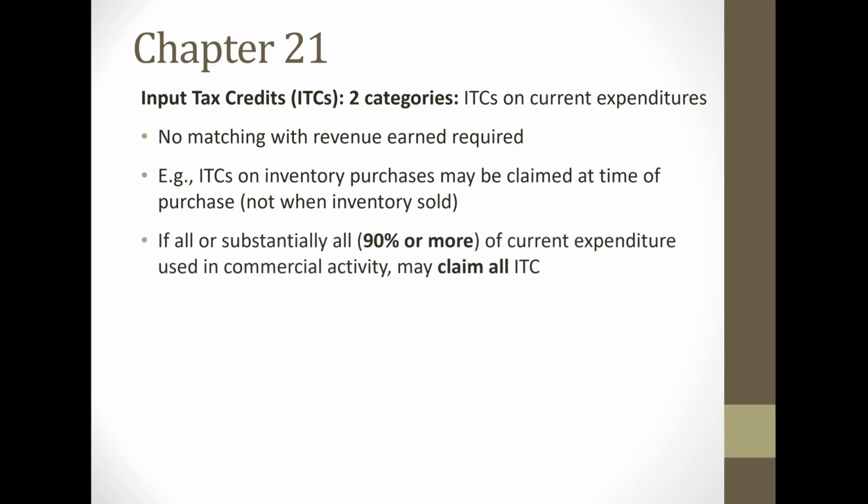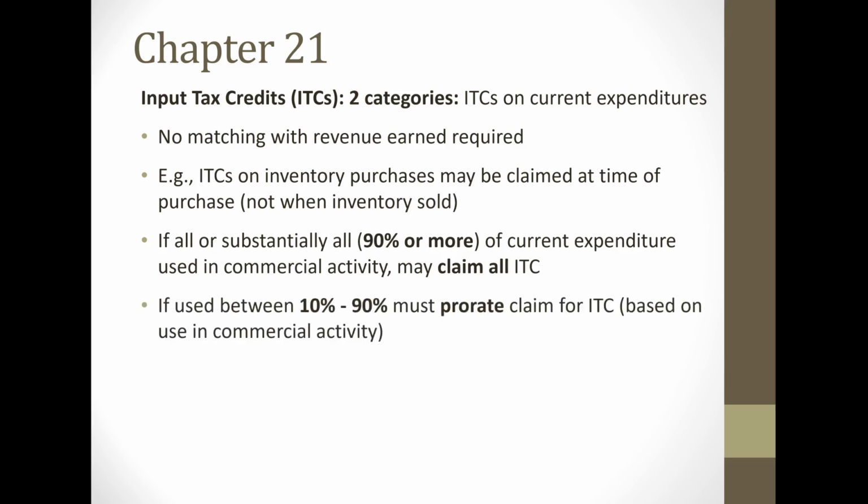Now, if there's a current expenditure, but not all of that current expenditure is used in their commercial activities, if the current expenditure is used 90% or more in the commercial activity, then they can claim the entire input tax credit. If they fall between 10 and 90%, they use that current expenditure, let's say 50% in their commercial activity, and 50% is used for personal use, then they have to prorate the ITC.